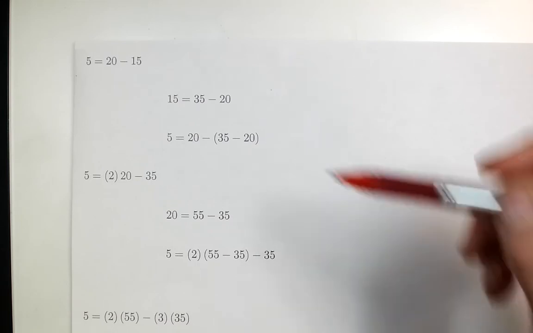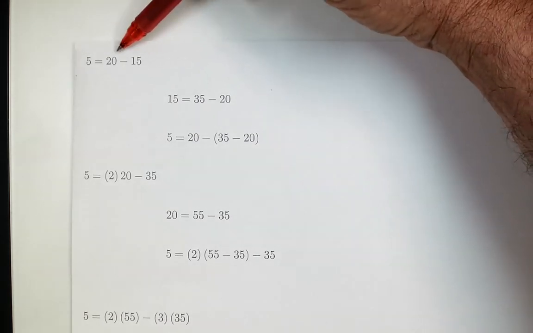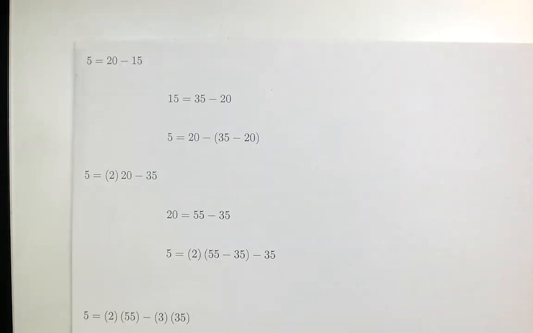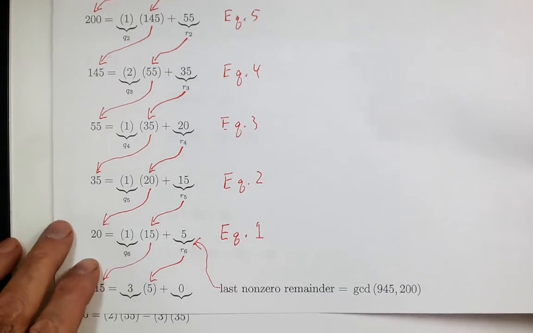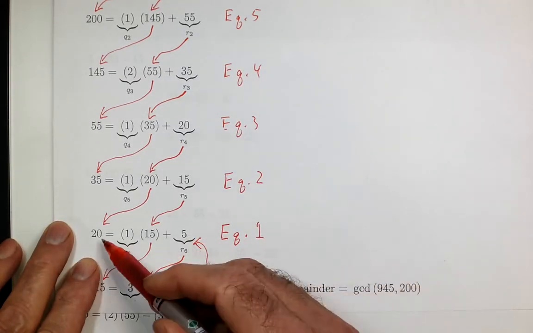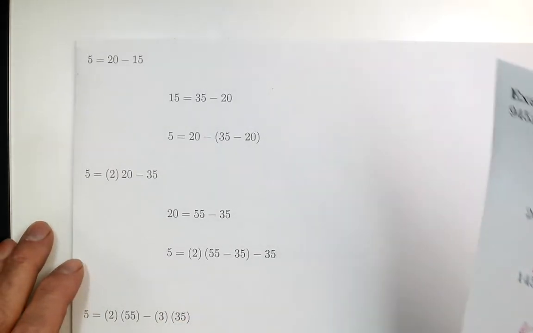So here we have the remainder expressed in terms of its two divisors, and we get this relationship from equation 1. See, here's equation 1: 5 equals 20 minus 15.